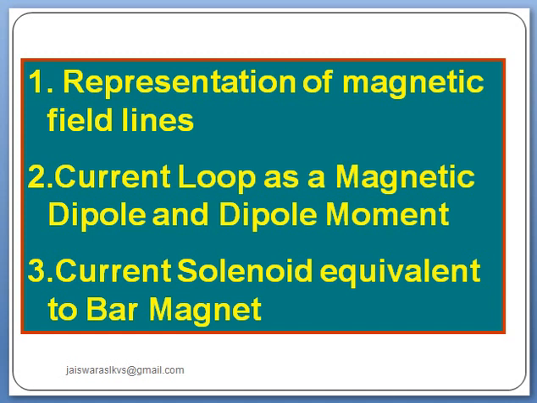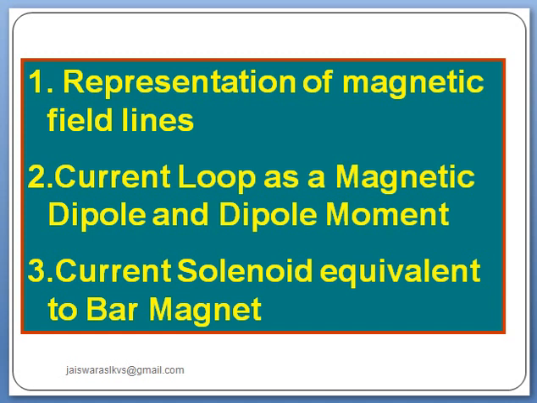And then after we will learn current loop as a magnetic dipole and dipole moment. So when a current is flowing in a circular loop, then that current carrying loop also behaves like a bar magnet.